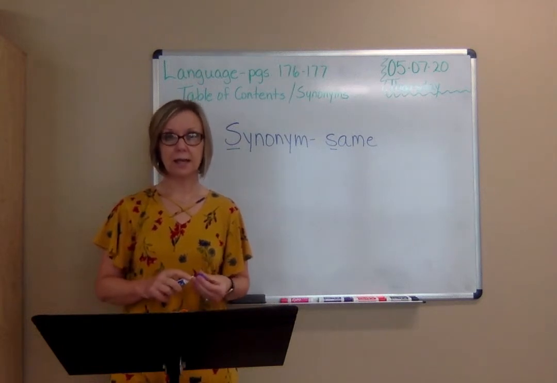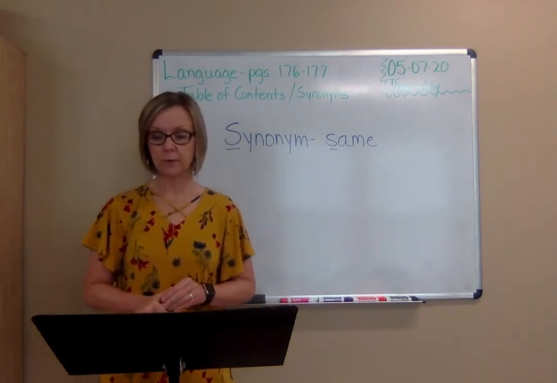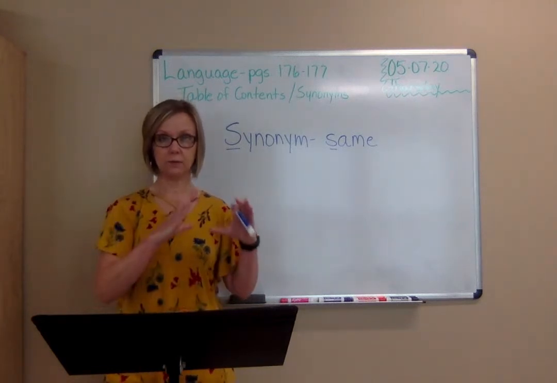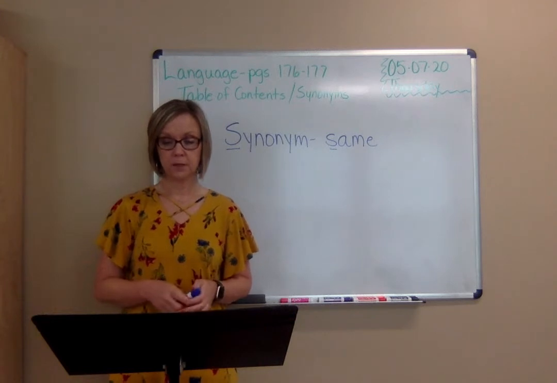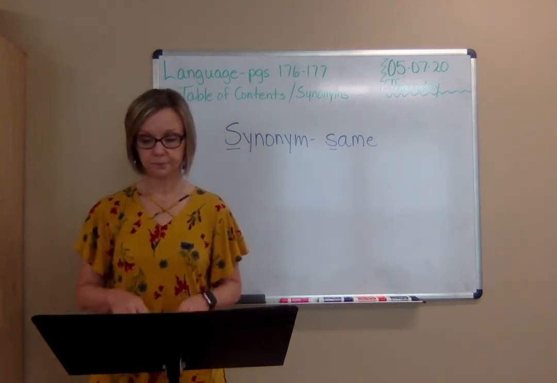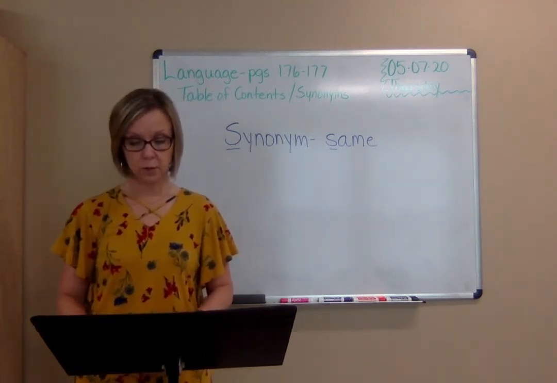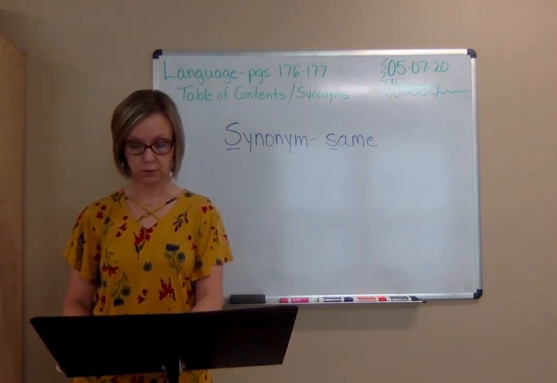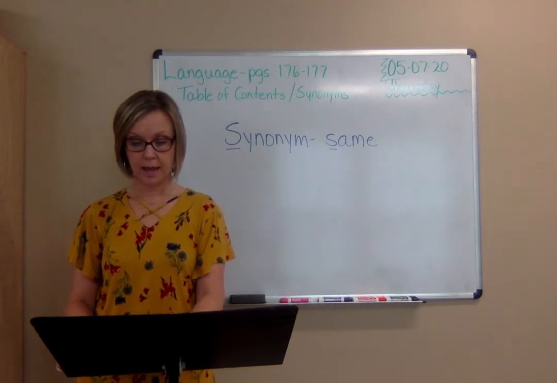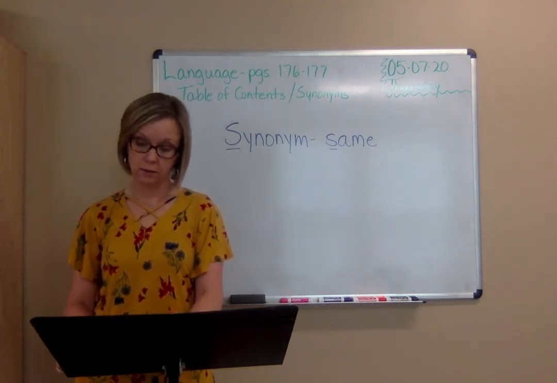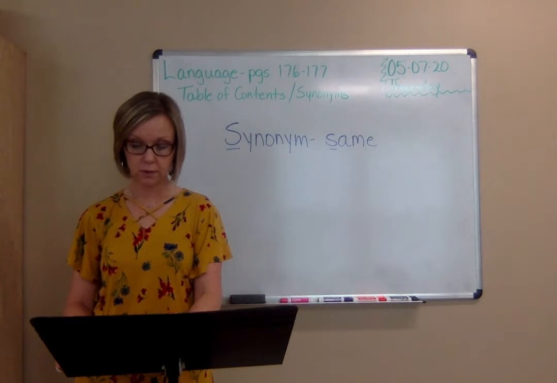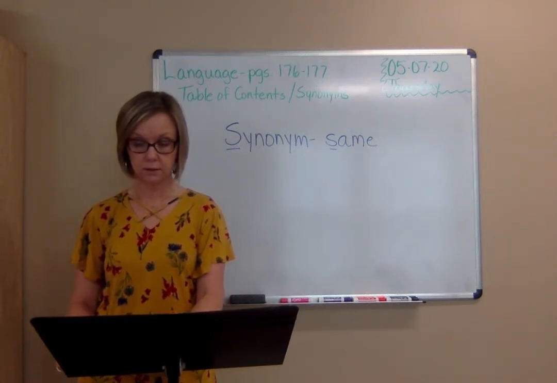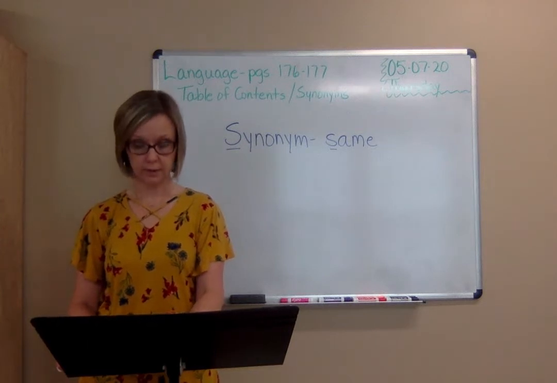So let's look at Think A. Draw a line from each word in column A to its synonym in column B. They give you 2 blocks here. So column A, we would match below to under, happy, joyful, jumped, hopped, right?